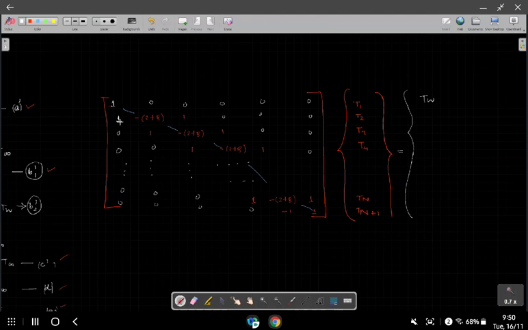This T1 minus 2 plus b T2 plus T3 is nothing but equal to minus b T infinity, isn't it? The second one, T2 minus 2 plus b T3 plus T4, is equal to minus b T infinity.